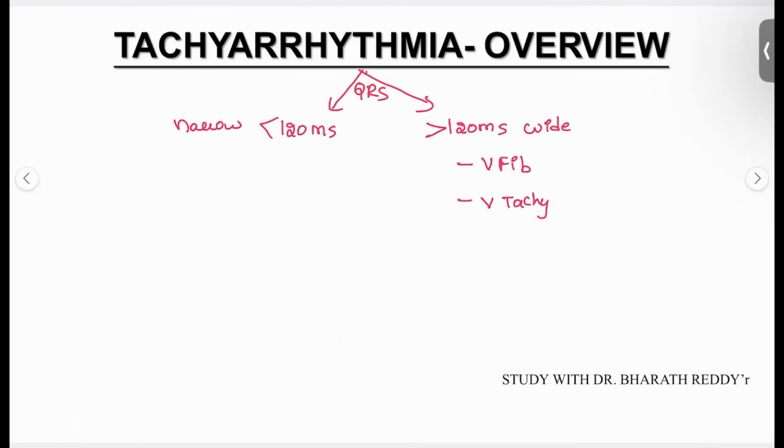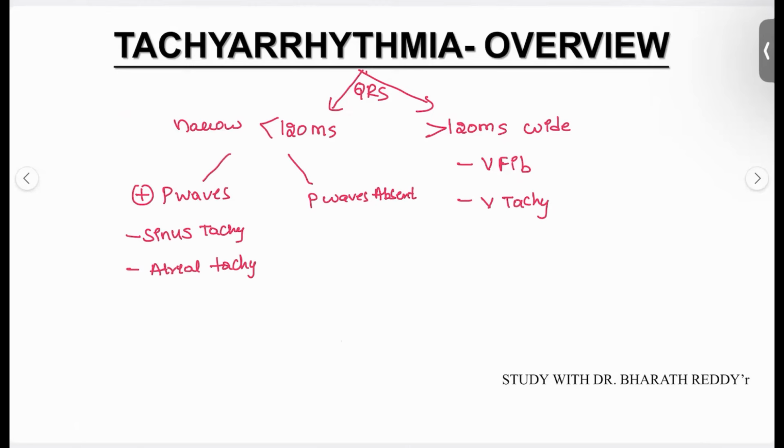The narrow QRS complexes are subdivided into those where P waves are present and those where P waves are absent. If P waves are present, it is usually sinus tachycardia and atrial tachycardia.